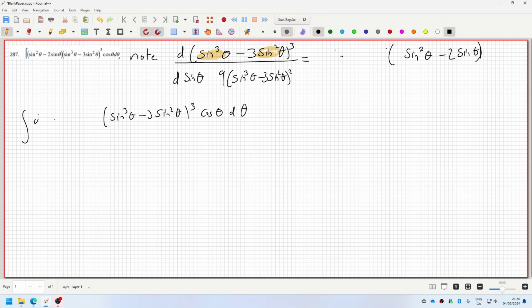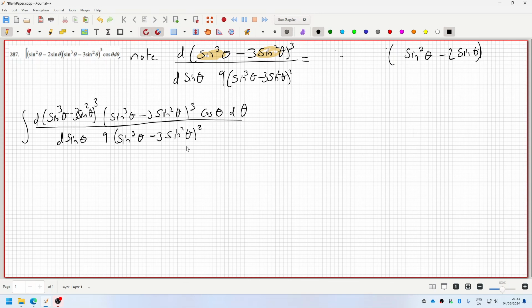And I'm replacing this guy here with d sine cubed theta minus 3 sine squared theta cubed. Sorry, my handwriting's a bit messy here. That's cubed. All over d sine theta 9 sine cubed theta minus 3 sine squared theta squared.